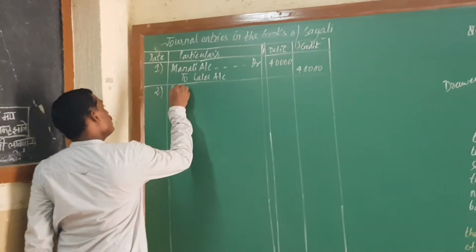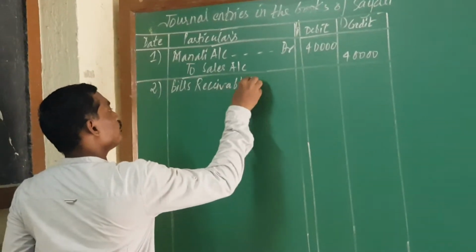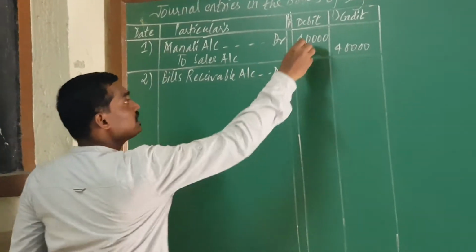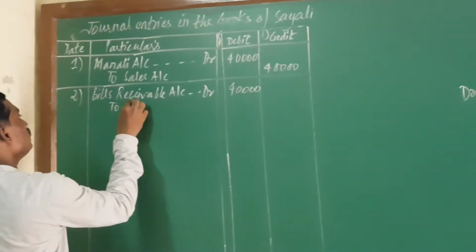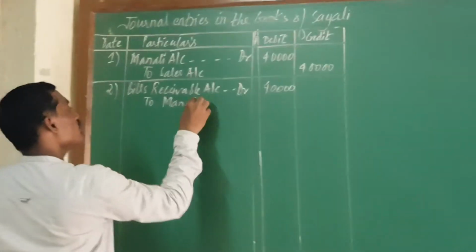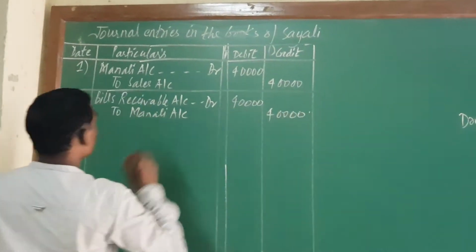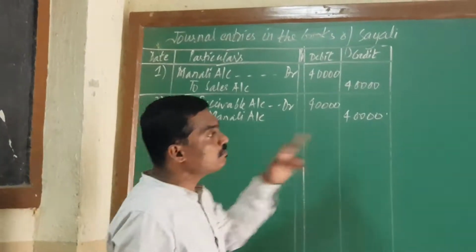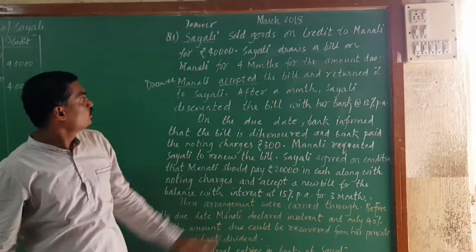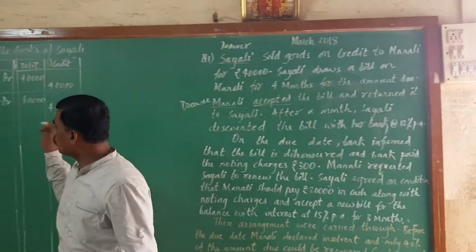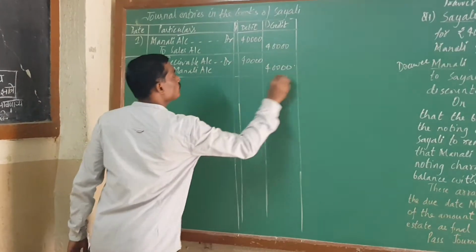So we will write down here bills receivable account debit, bills receivable will be of rupees 40,000, to Manali account 40,000. The narration we will write down here is being bill accepted for 4 months. So you can write down the narration also for that.